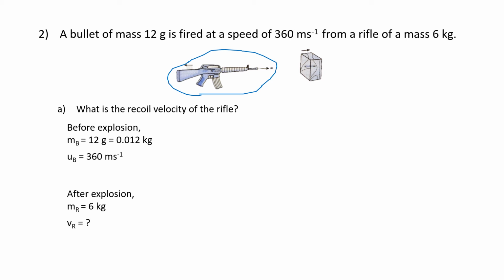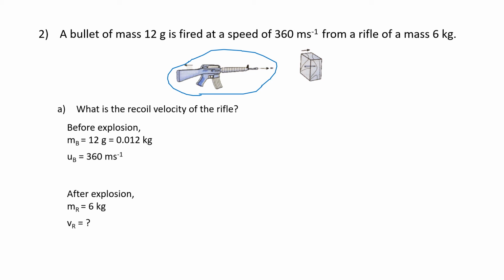And then we want to find the velocity of recoil of the rifle. After explosion, we will not consider the velocity of the bullet, as the bullet will shoot at the wooden block and it will stay stationary after the explosion.